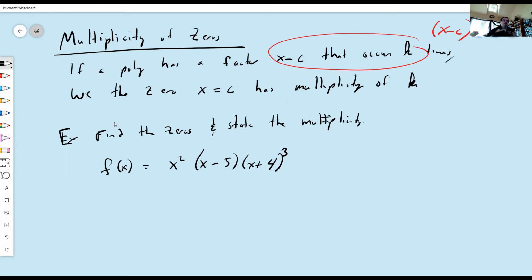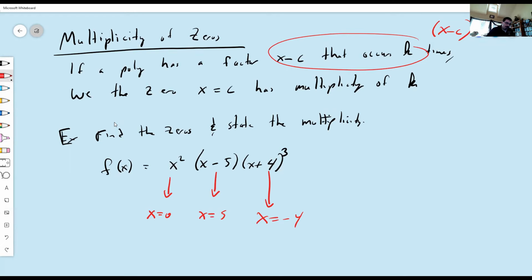Given these are all linear factors, we should be able to look at and tell the zeros. So x squared is a linear factor, which means x equals 0. X minus 5 is a linear factor, so x has to be 5. And then finally, x plus 4, also a linear factor, gives x equals minus 4.